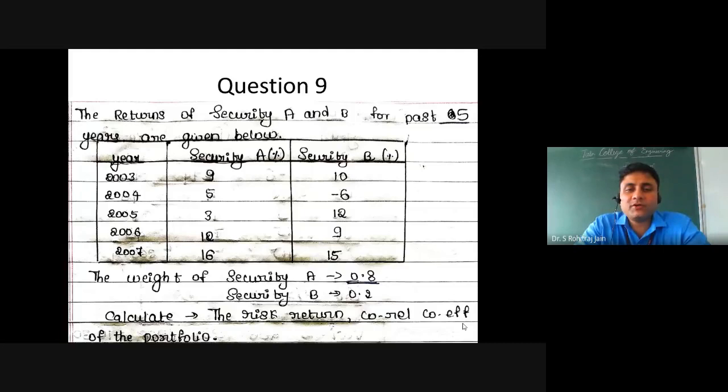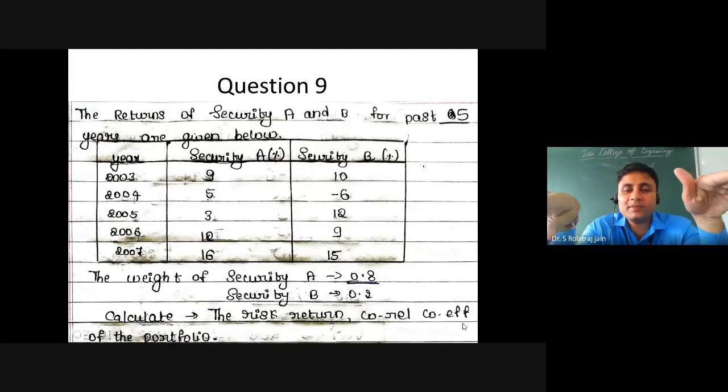Now, I'll explain the question. Students, please understand. I have two securities, security A and security B. The proportion means if I have 1 lakh rupees in my demat account, see there, 0.8 means 80% of my total amount will be invested in security A and 20% of my total account will be invested in security B. So 1 lakh multiplied by 0.8 is how much, students? 80,000, right?